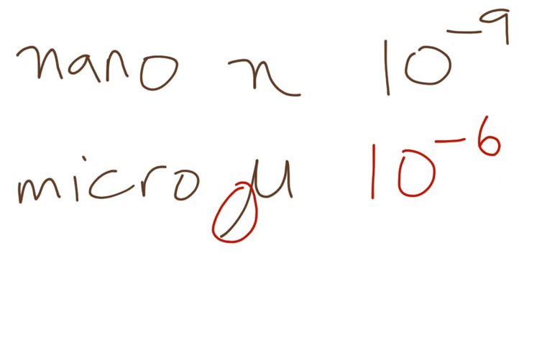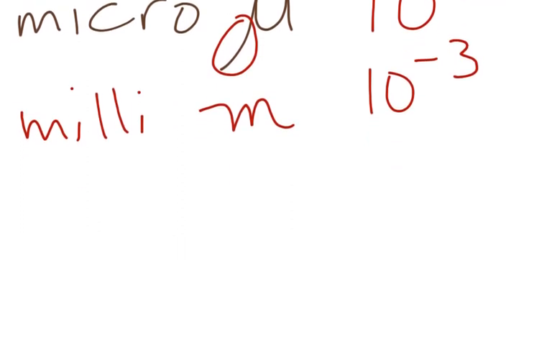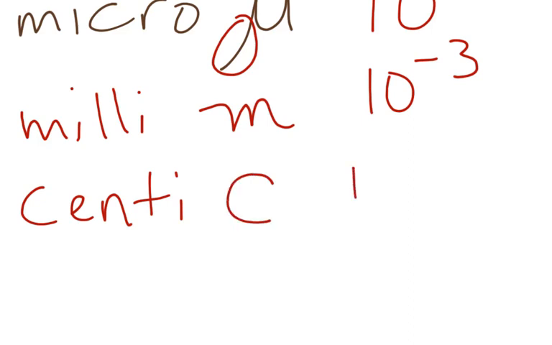The next one on your sheet is milli, and I know you guys have heard this one before. The abbreviation is just a lowercase m, and that's 10 to the negative third. The next one is centi, and that has an abbreviation of just a lowercase c, that's 10 to the negative second.